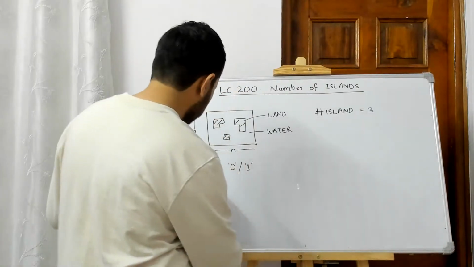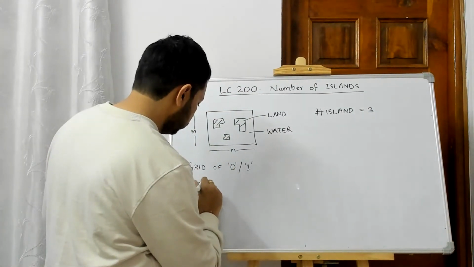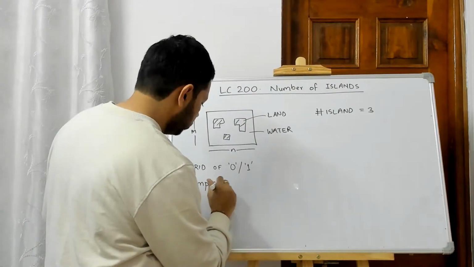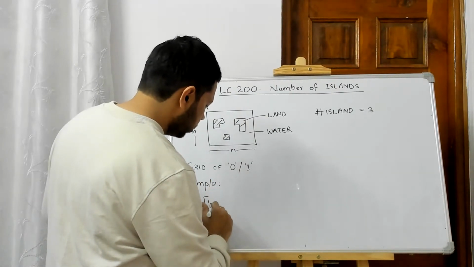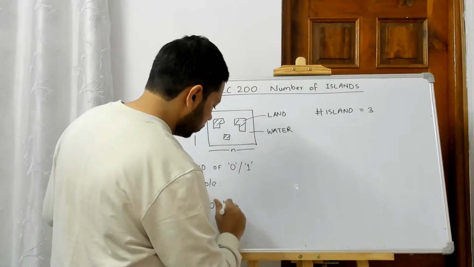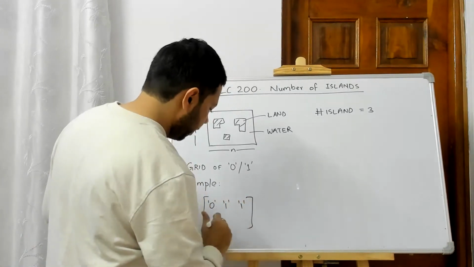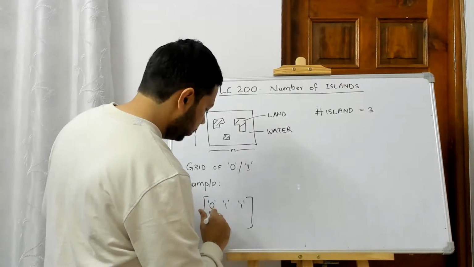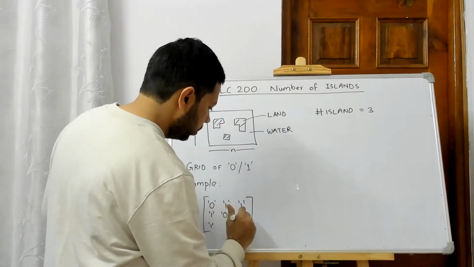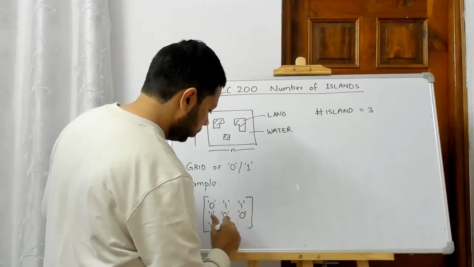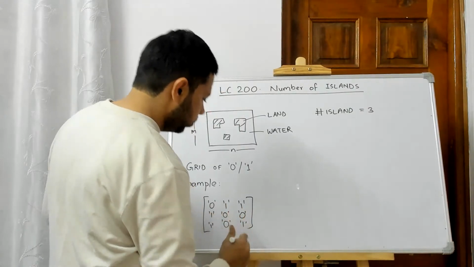For example, the grid might look something like this: 0, 1, 1, 1, 1, 0, 0, 0, 1.